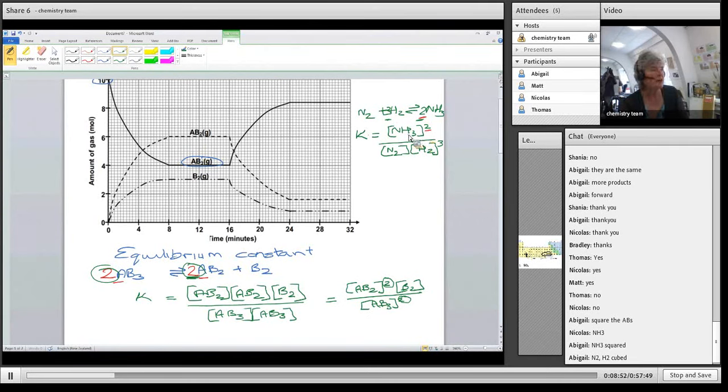Okay, now a bit of terminology, of way of writing. When you write an equation, make sure that you use the equilibrium arrows.